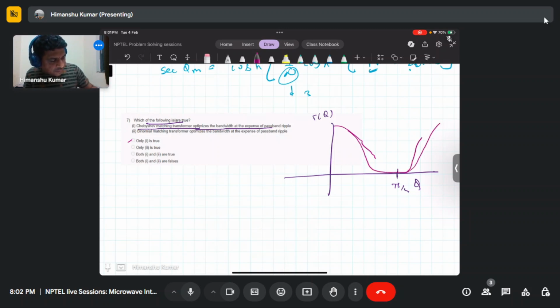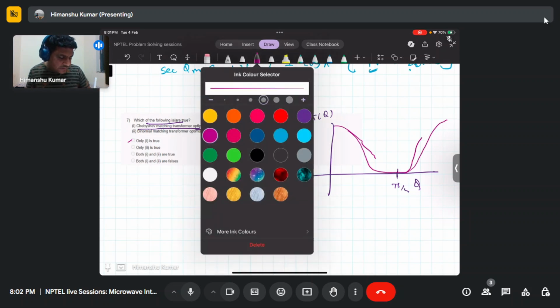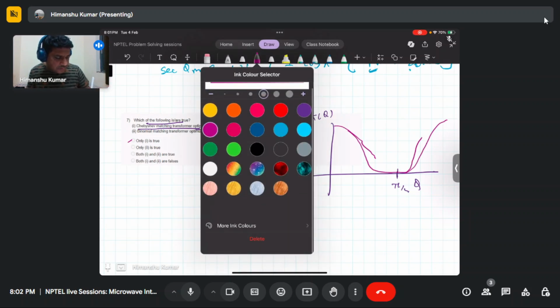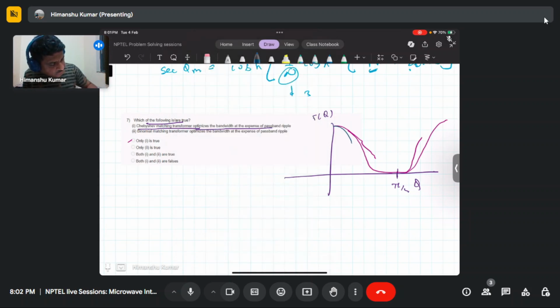If you take the Chebyshev transformer, then the roll off is faster, but it will have this kind of ripple.